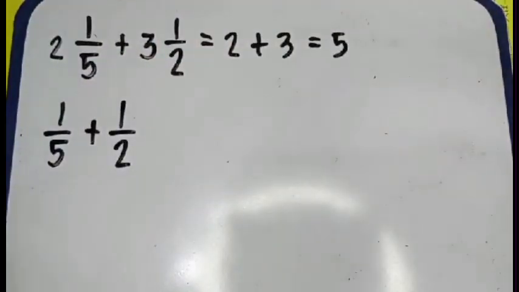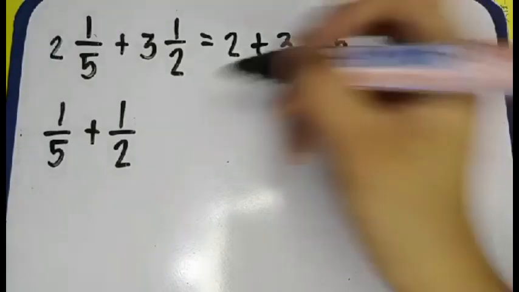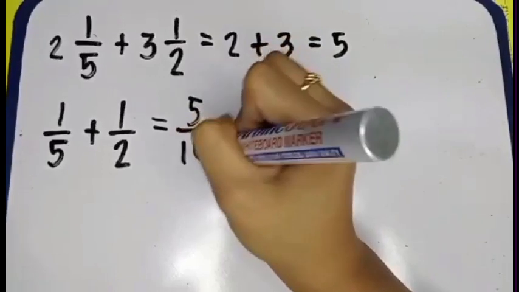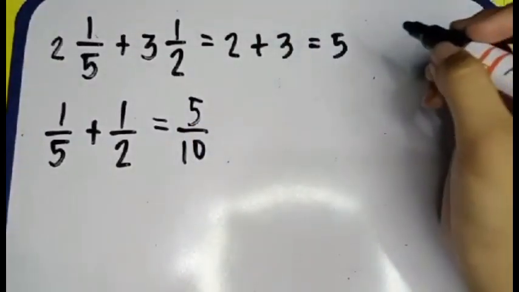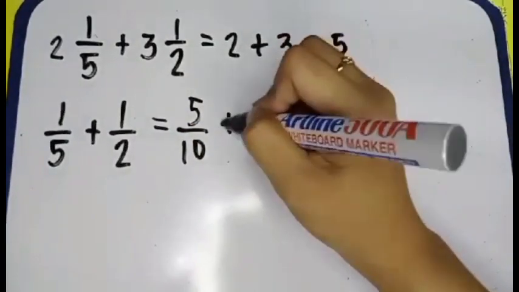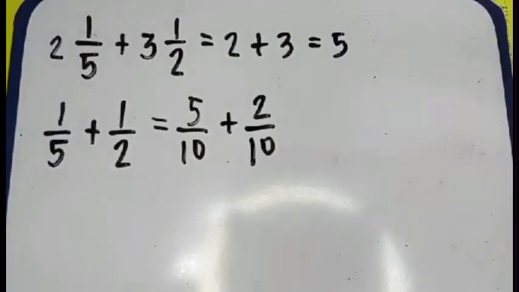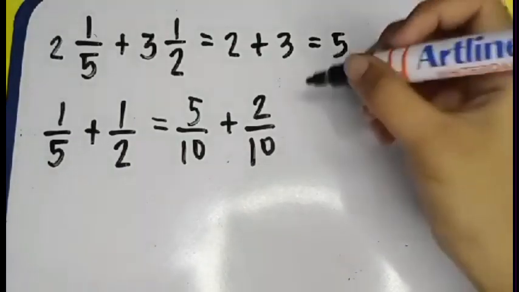As you can see, magkaiba sila ng denominator. So we are going to find the LCM of 5 and 2, and that is 10. So 1/5 ay magiging 5 over 10, while 1/2 is magiging 2 over 10. So, 5 over 10 plus 2 over 10 is equal to 7 over 10.